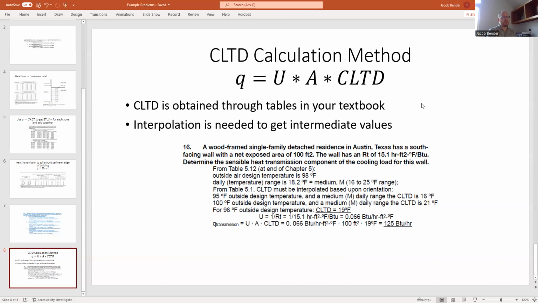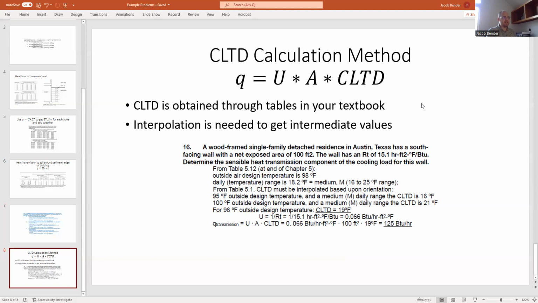Our U value is the inverse of our R sub T. So U equals 1 divided by 15.1. Our area is given to us in the question itself, exposed area of 100 square feet. So both of those values are already knocked out.